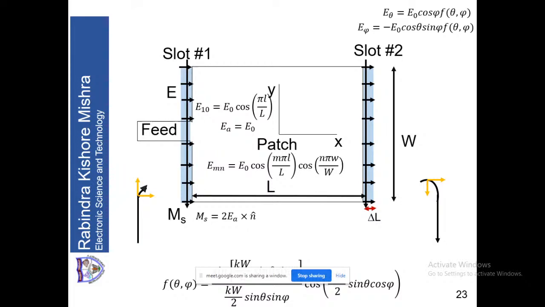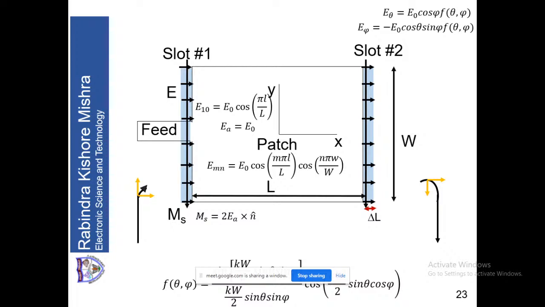Now this cos(kW/2 sin theta cos phi) comes because of the array. We have a 2 element array, and for a 2 element array the array factor is of the cosine nature. So here we have that form, cosine of kW/2 sin theta cos phi.